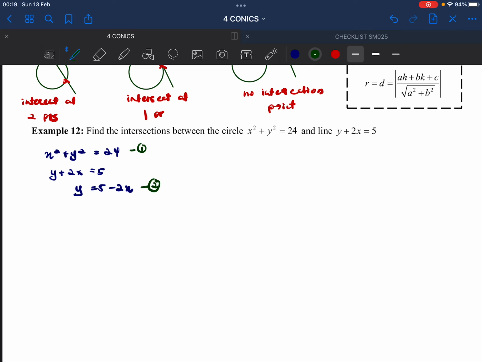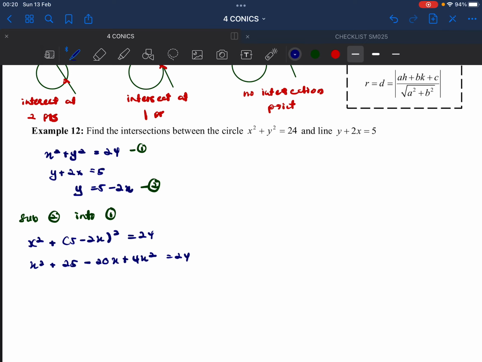So we are going to substitute the second equation into equation 1. So we have x squared plus y squared, which is 5 minus 2x squared, equals to 24. I'm going to expand this. We get 25 minus 20x plus 4x squared equals to 24.